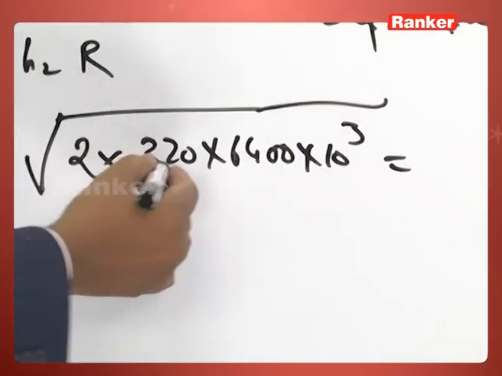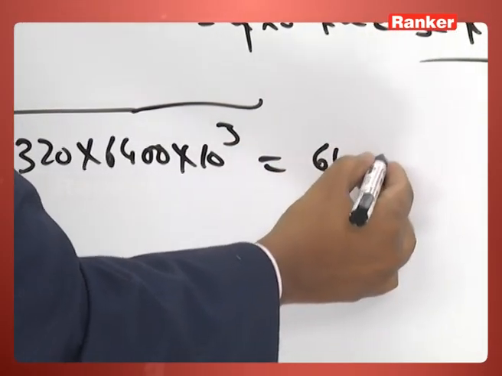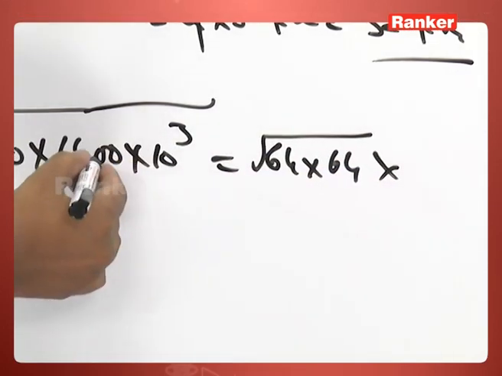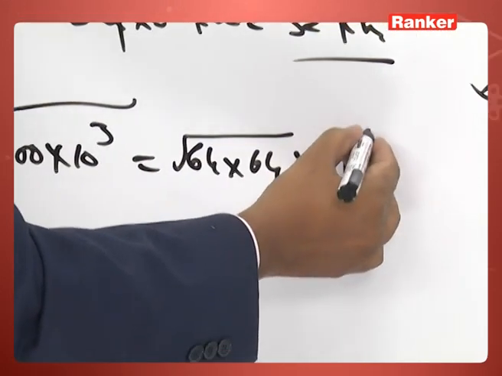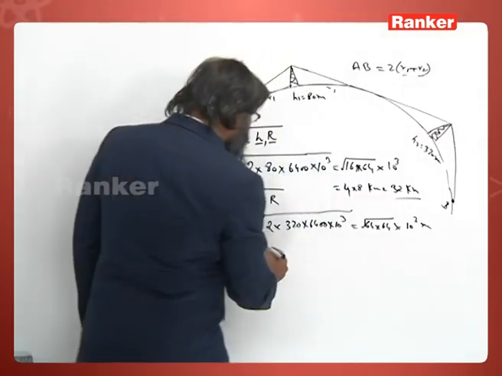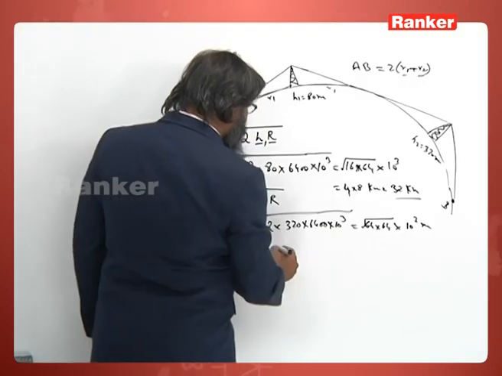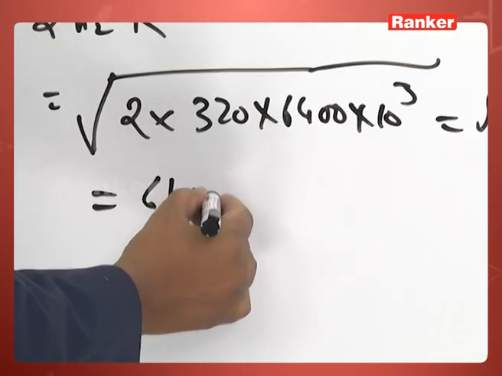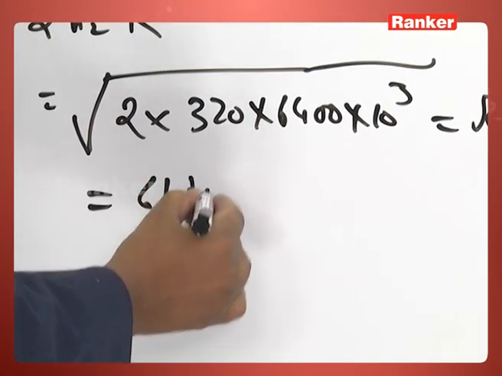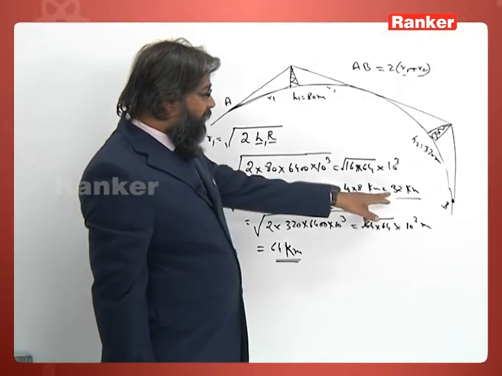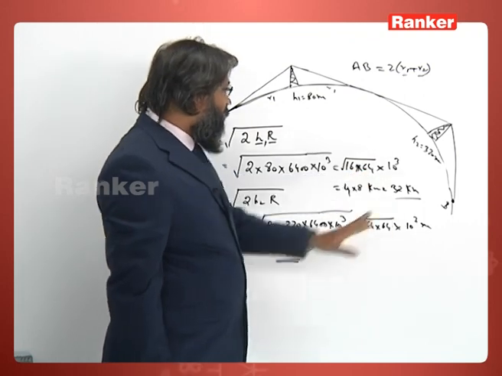That is again 64 into 64 root, into 10 to the power 3 meters. That comes out to be, 64 root means 8 into 8, again 64 kilometers. So this tower's range is 32 kilometers, and this tower's range is 64.